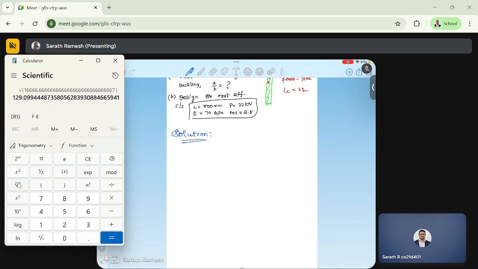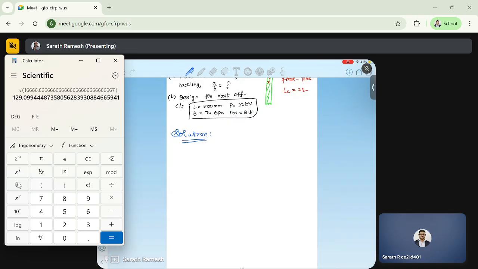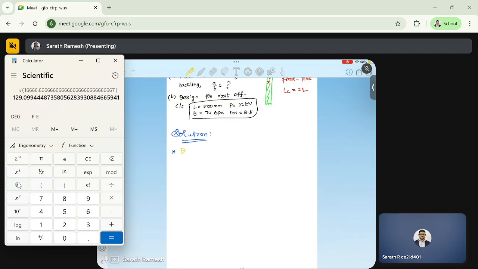So for the slenderness ratio, I'll write buckling in the XY plane first.